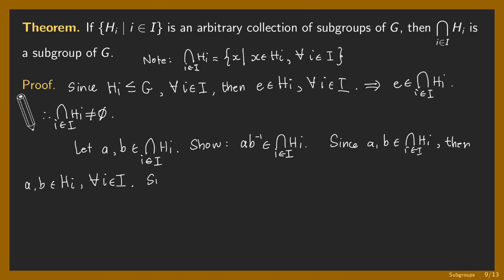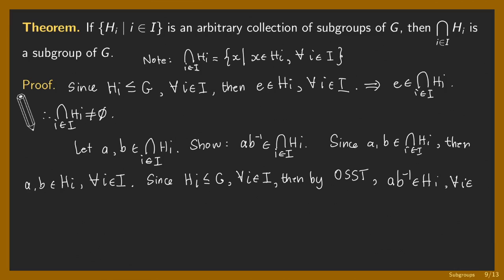Again, since H_i is a subgroup of G for any i, then by the one-step subgroup test, I'm sure that AB inverse is in H_i, and that holds for all i.